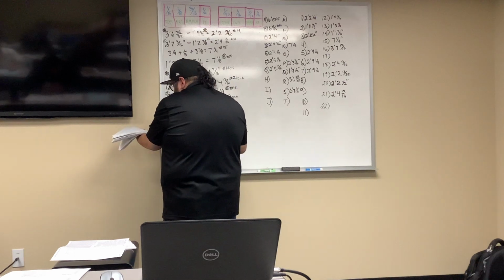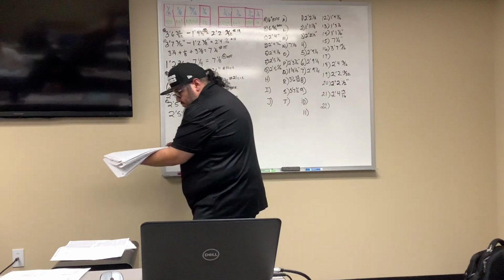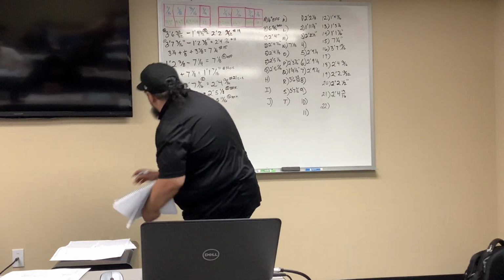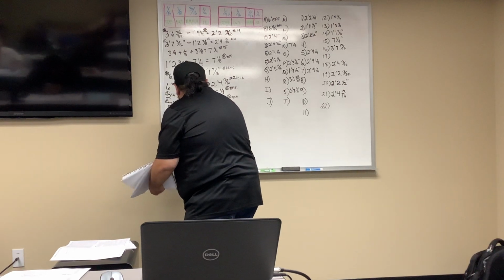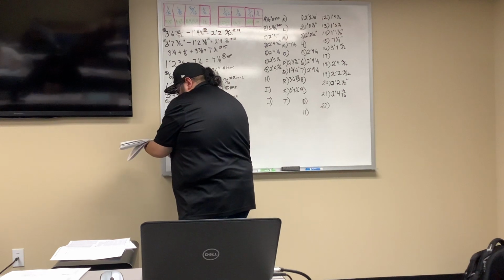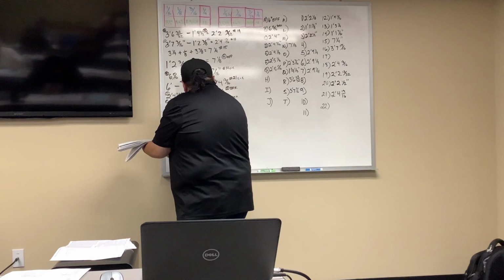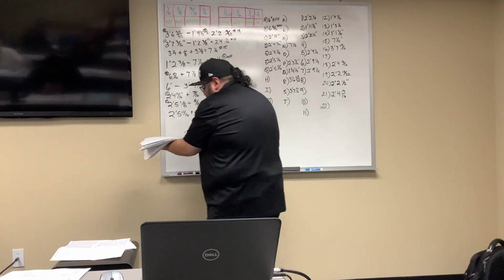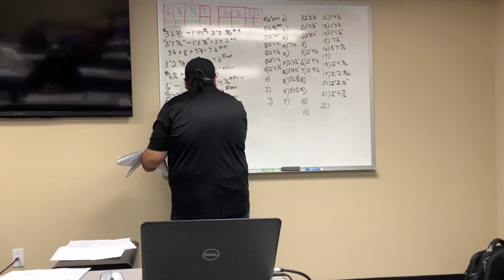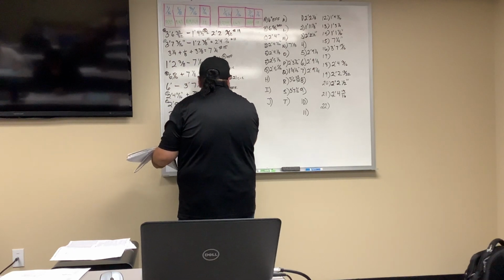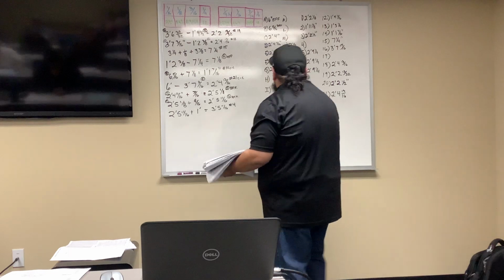No, H is 1 foot. 1 foot even. Alright, so we add 1 foot, and so that gives us a total of 3'5" and 11/16. And that is number 4, center to center.